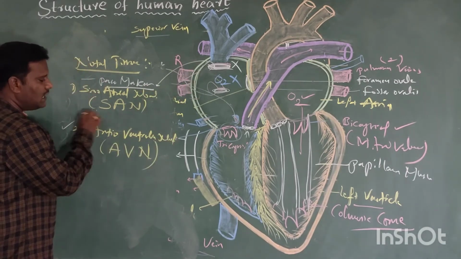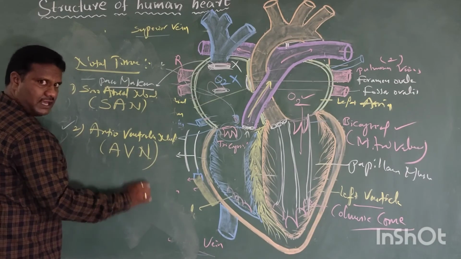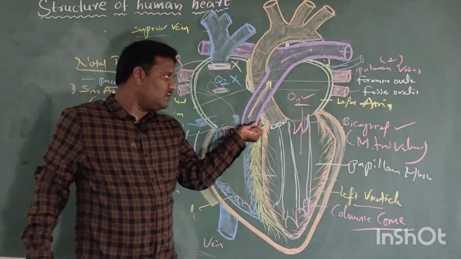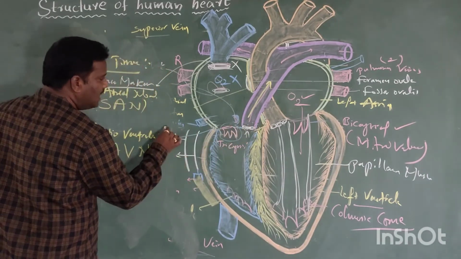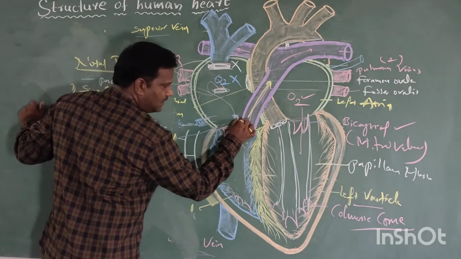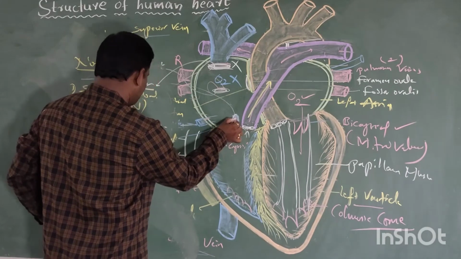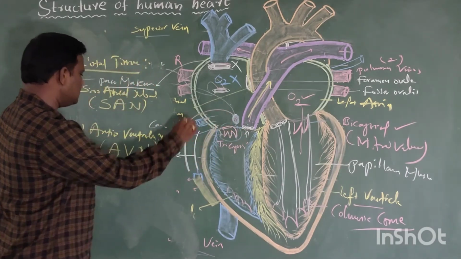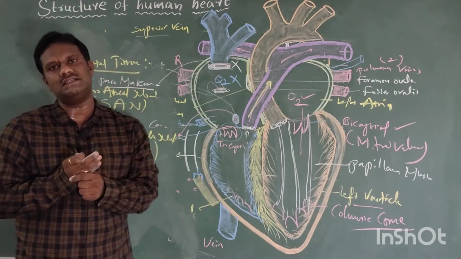And the second one is the atrioventricular node, or AVN. In the left side, bottom side of the right atrium, where the coronary sinus enters, one of the nodes is present. This is called the atrioventricular node. So two types of nodes are present.